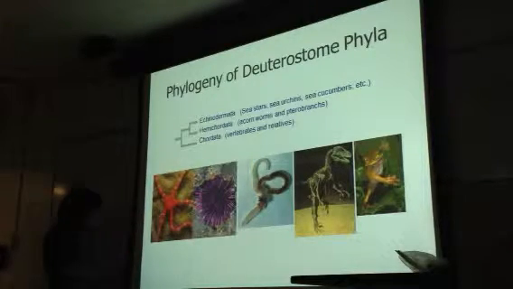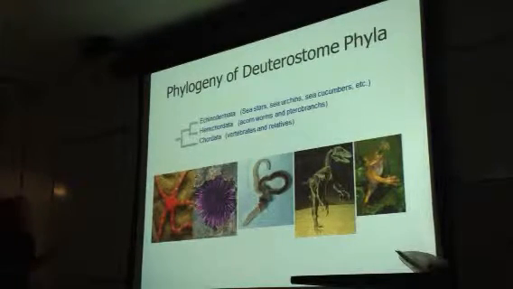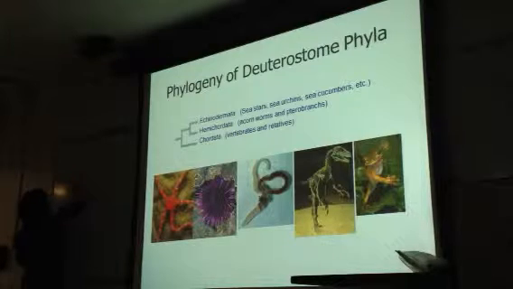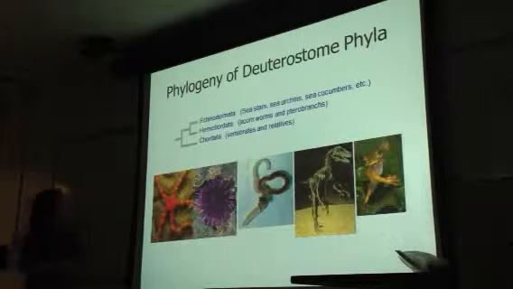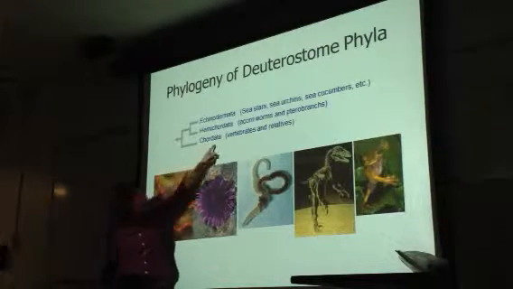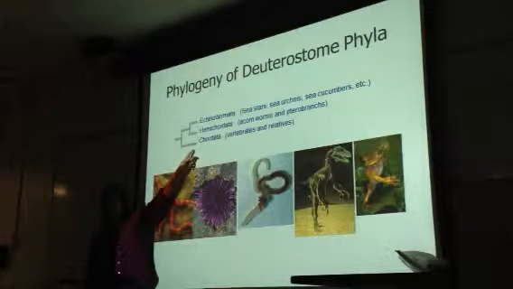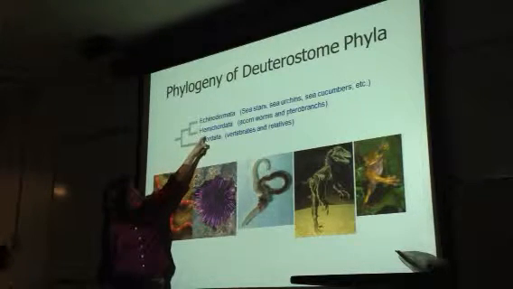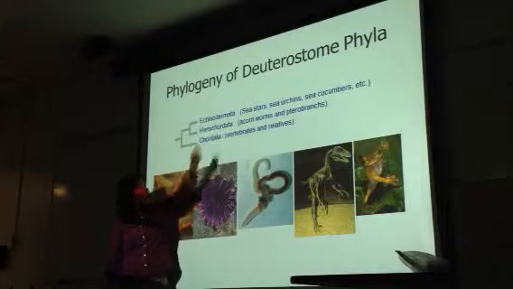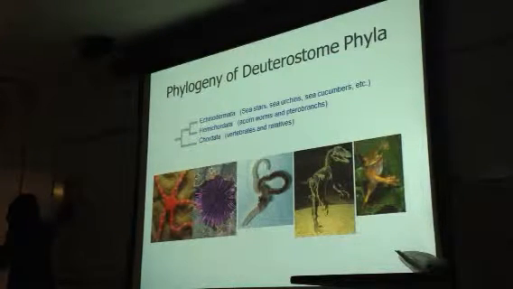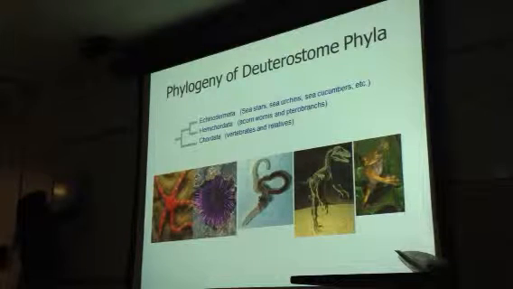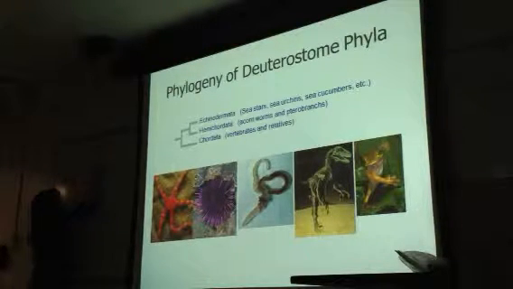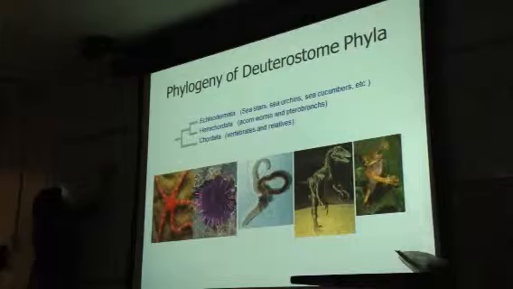What I'd like to point out though is that the echinoderms, although they're related to this other deuterostome phylum, the Chordata, it turns out they're more closely related to a really small group of deuterostomes called the Hemichordata. So that's the phylum, Hemichordata.